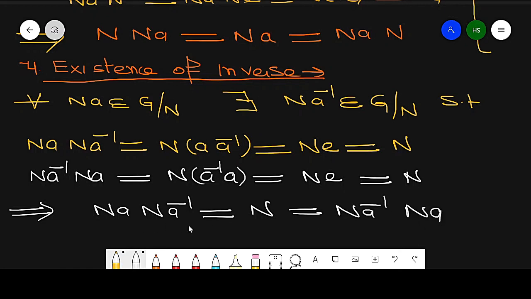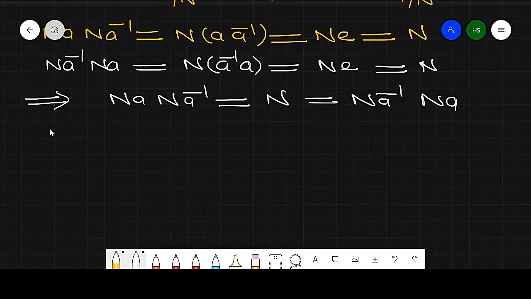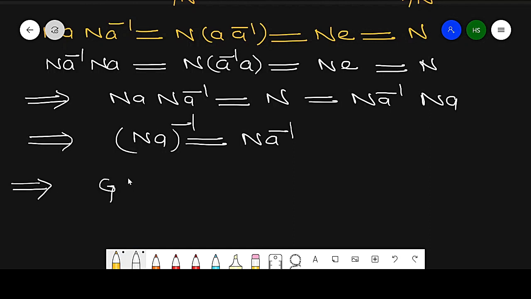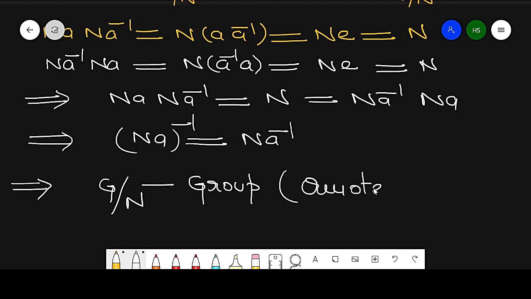What it means is that the inverse of any element Na can be written in this kind of form, Na inverse. So this is the existence of inverse. So it satisfies all the properties of a group, then G/N is called a group, and this group is called a quotient group. So remember that.